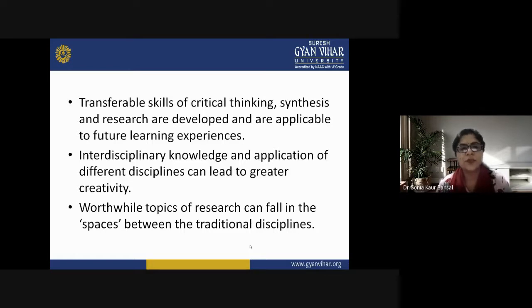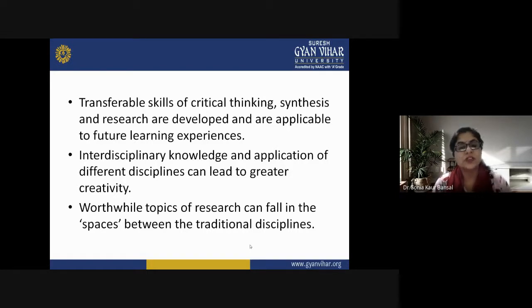So transferable skills of critical thinking, synthesis, and research are developed and are applicable to future learning experiences. Interdisciplinary knowledge and application of different disciplines can lead to greater creativity.